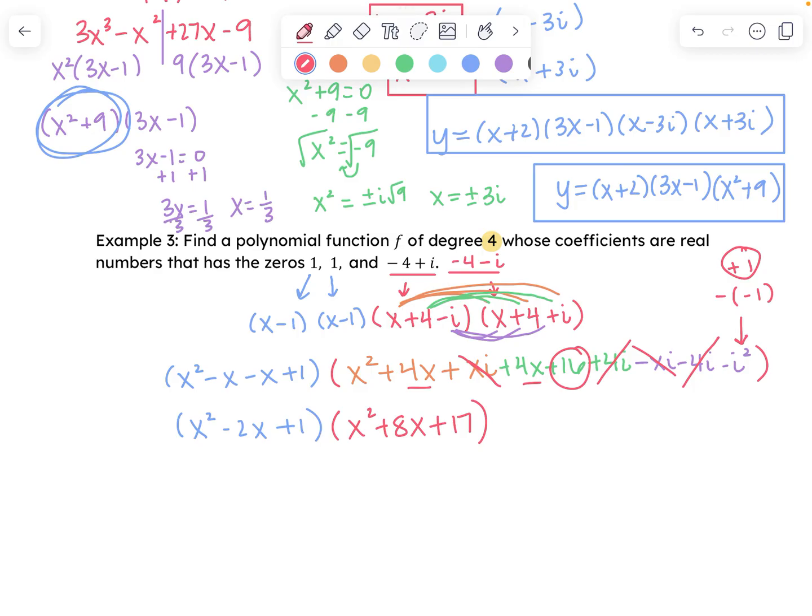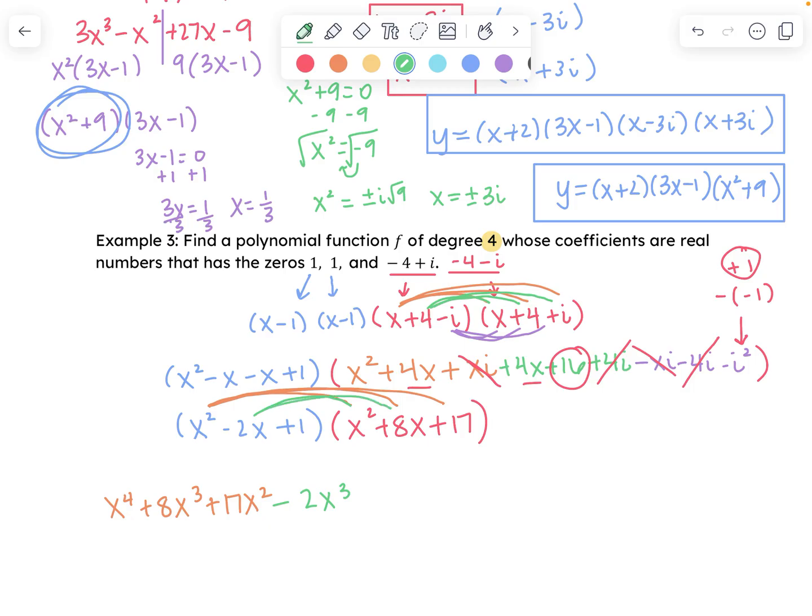And then I've got to repeat the process and multiply the blue and the pink together. So x squared times x squared is x to the 4th. x squared times 8x is going to give me 8x cubed. And x squared times 17 is 17x squared. Then I'm going to move on to the negative 2x times x squared is negative 2x cubed.